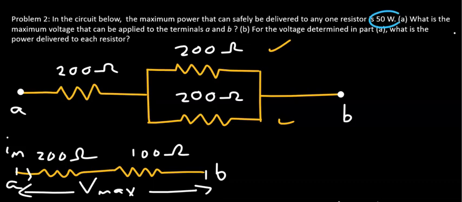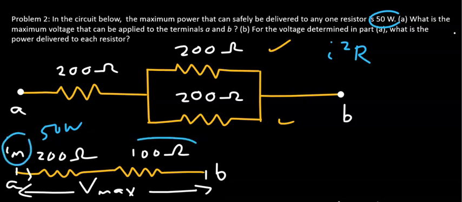So the power delivered to this 200 ohm resistor is 50 watts. Note, the expression for power is I squared R. So since the same amount of current also goes through the 100 ohm resistor, the power delivered to the 100 ohm resistor has to be half, which is 25 watts.